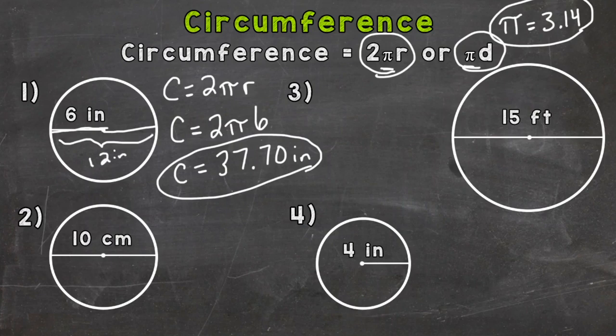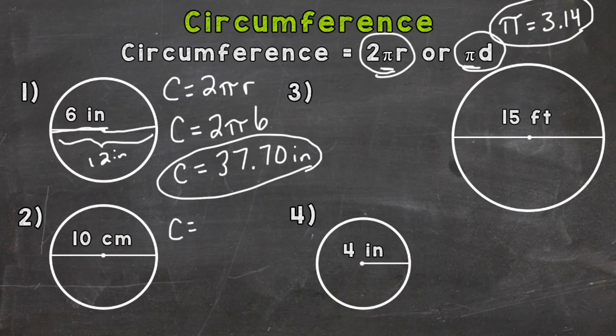So you could do pi times 12 and it would give you that same answer. Or if you're given a diameter, you can cut it in half, and you would have the radius, and you could use 2 pi r. So both formulas are essentially the same thing, it just depends if you use the radius or diameter. So let's go to number 2.